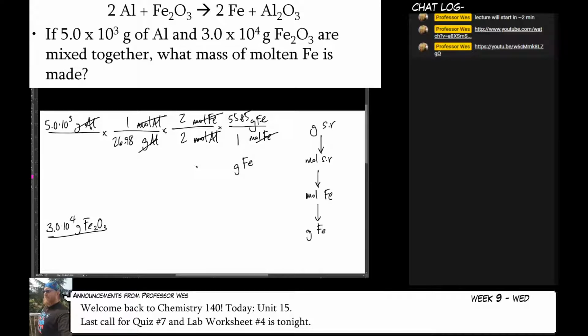It's probably a lot, because 5 times 10 to the 3 is a lot to be working with. And I get 1.0 times 10 to the 4 grams of iron. I get 10 kilograms of molten iron by doing that. Okay, cool. Let's now do the same thing with our rust down here.